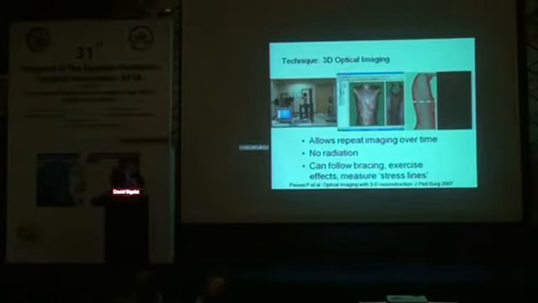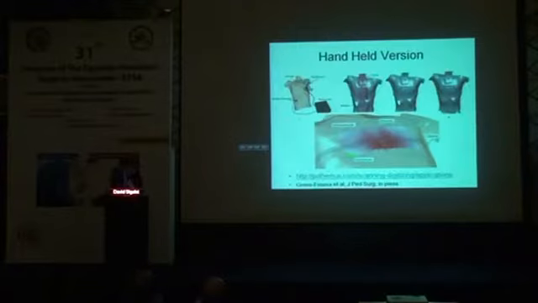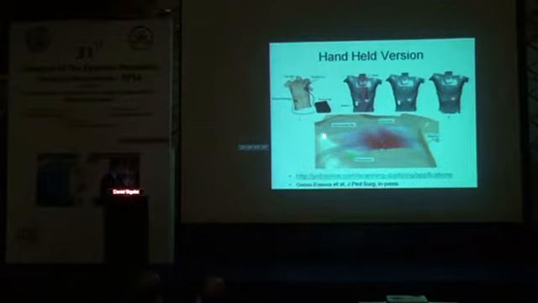The other thing that I think will soon be available is the use of non-radiological measures. So we have the option of optical imaging. This is a setup we had back in Canada, which is quite a complicated setup. The very interesting thing is there's now a handheld version of this from this company, Polymus.